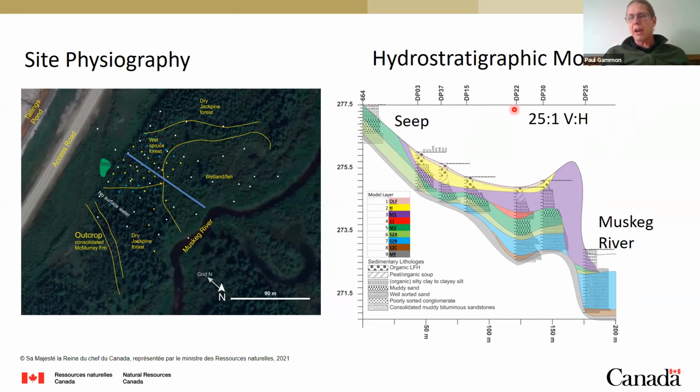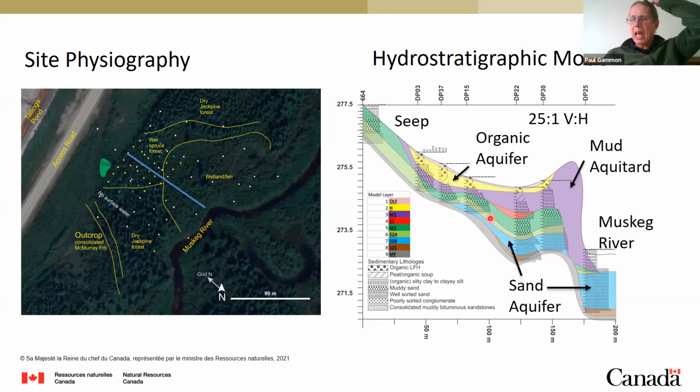And this is a hydrostratigraphic model, not a geological model. They follow each other. And what you have here is the modern Muskeg River with its modern levee, and you have this basin behind it, which is full of organics. And sitting below it are these river sands, these river deposits. And so essentially what you have is an organic aquifer and a sandy aquifer within this wetland, separated by a mud aquitard.